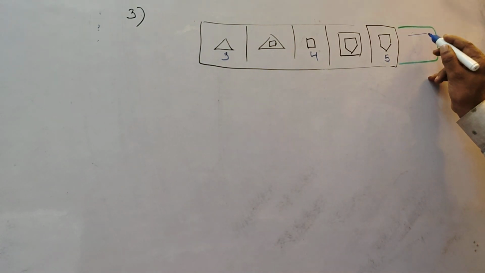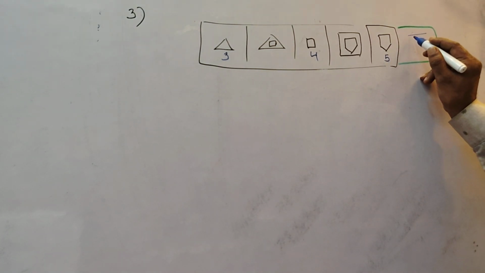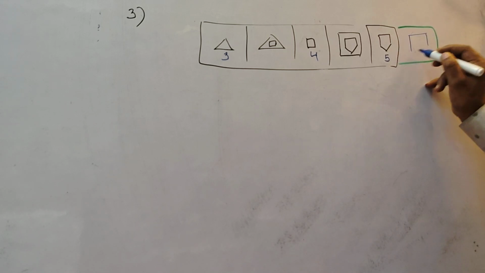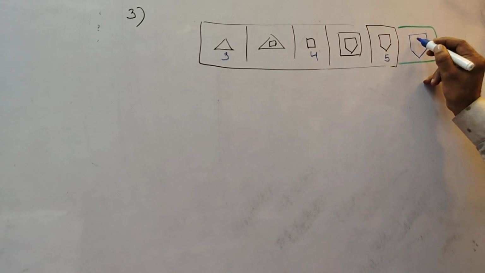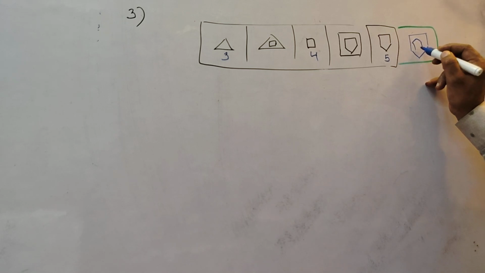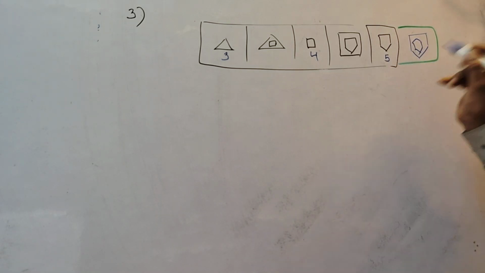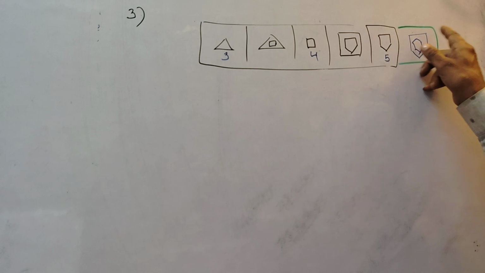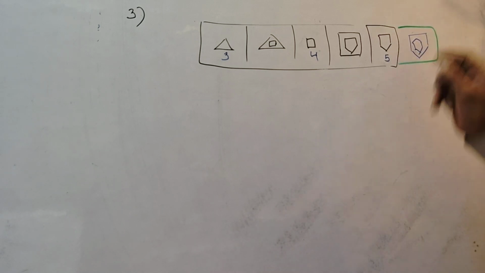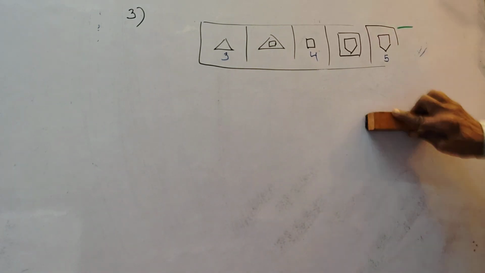So first is six sided figure. For the shape also, if you see from the starting, it's 8, then it's 7, then it's 6, then it's 5, then it has to be 4, 5, 6. So pentagon and inside there is hexagon.